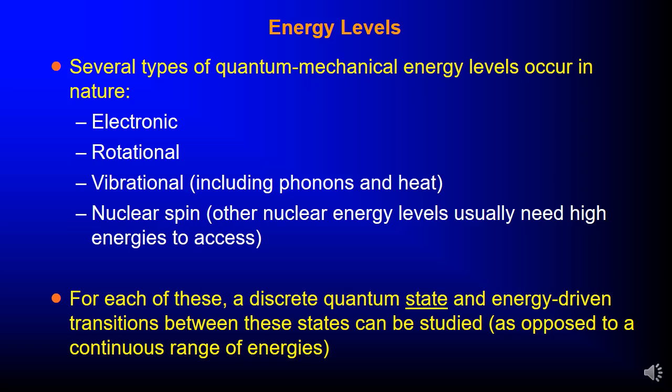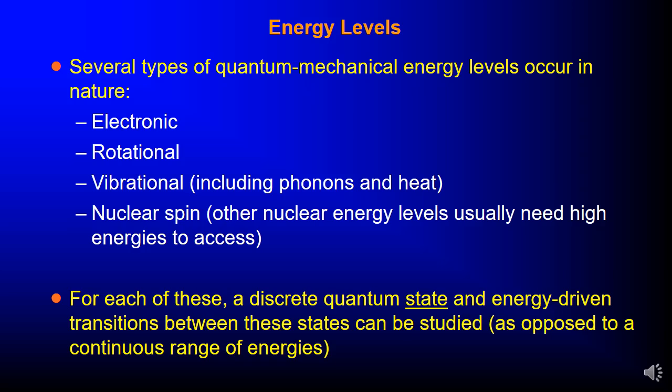For example, electronic energy is where we have techniques like UV-Vis. Then we have nuclear spin, where we have nuclear magnetic resonance. Then we have vibrational, where we talk of the IR, and much more.